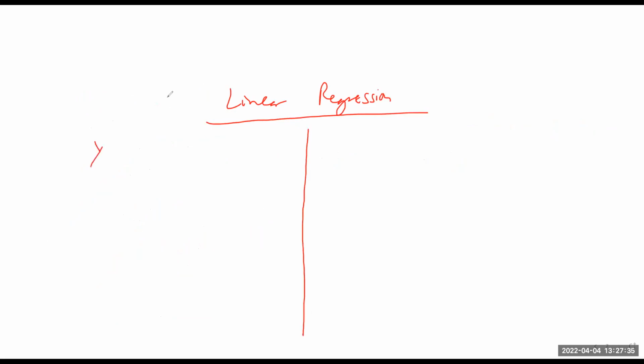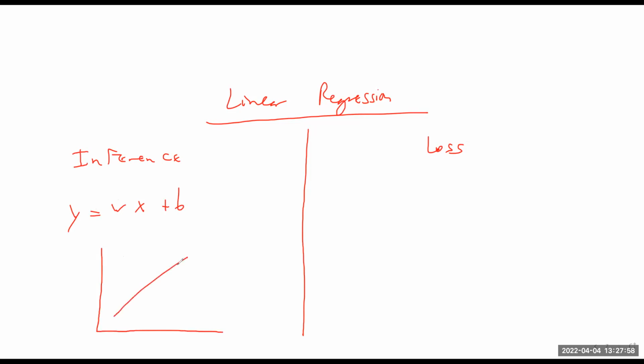So this is the inference function. So this is the inference. And then this is the loss, which determines how you learn. So the inference is just y equal wx plus b, which, as you guys know, is just a line, right? Graphically. You know, this is in 2 dimensions, obviously.